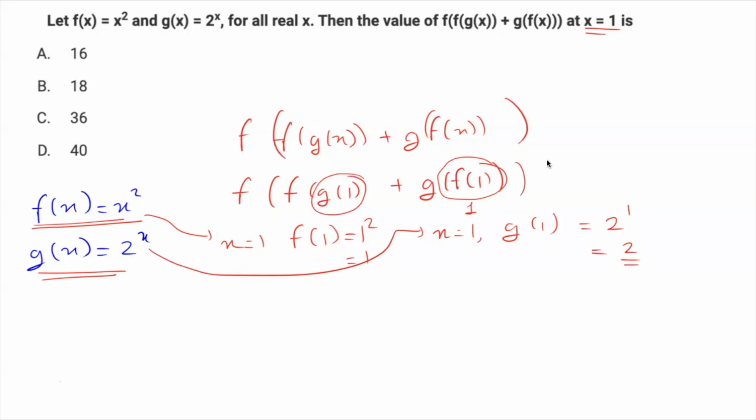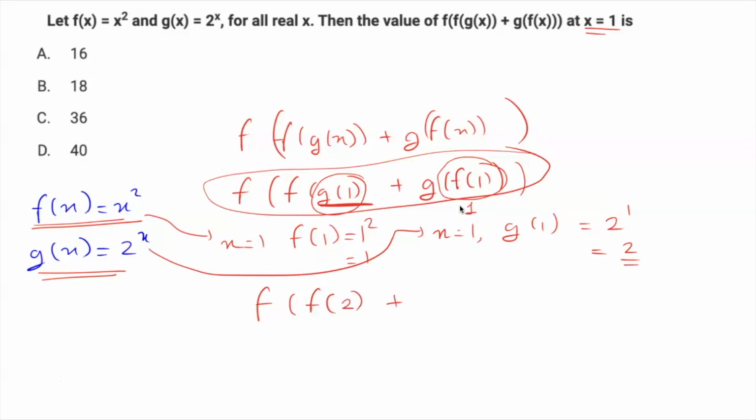So now this entire expression boils down to f of, in place of g of 1, I'll put a 2, plus g of, in place of f of 1, I will simply put a 1. Okay, this is our next step. So now the entire expression is f of 2 plus g of 1. Now f of x is x square. So f of 2 will be realized when you put x equals to 2.